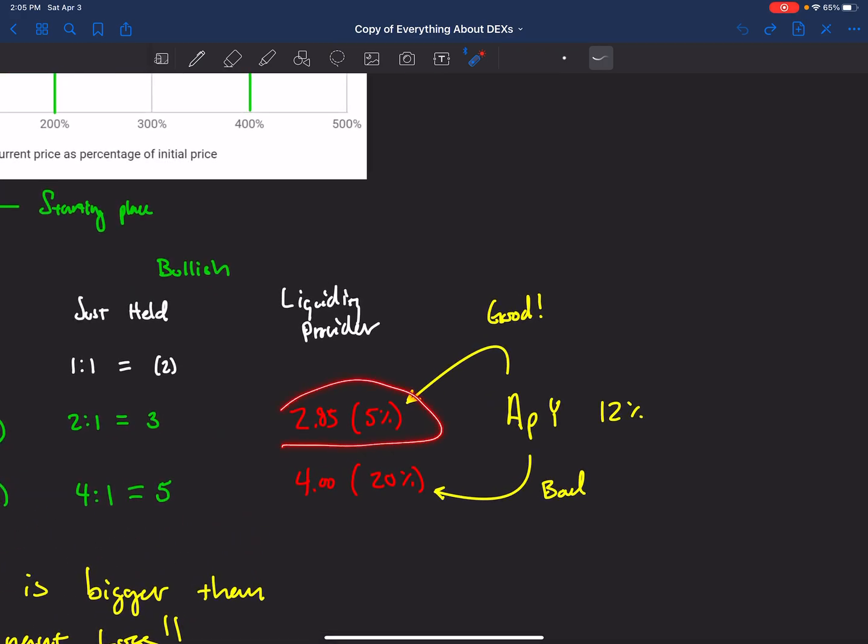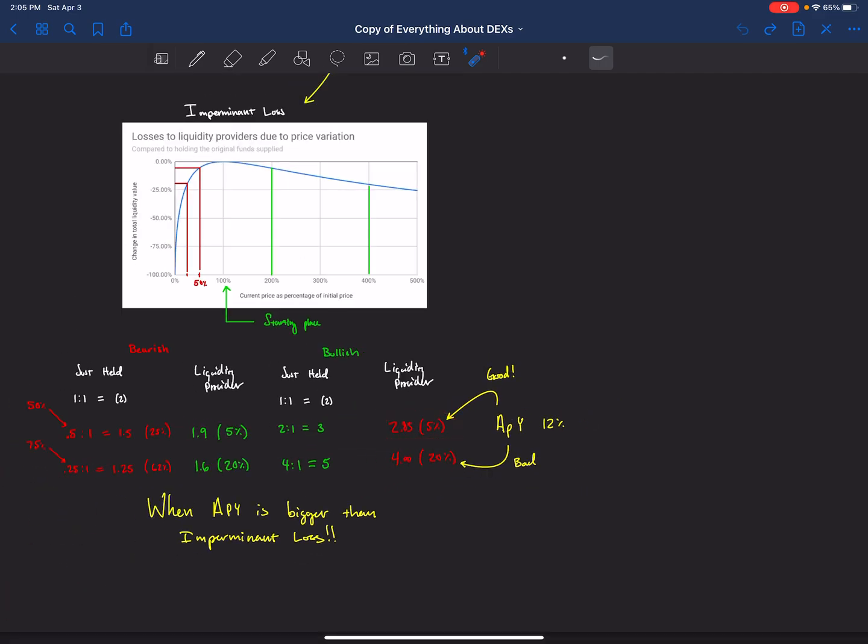And we say, oh, we're gonna have an impermanent loss of 5%. We're gonna come out with a profit, so if the token doubles, it doesn't matter. You're gonna get 12% subtract 5%. You get 7% APY. So that's good. You walk away with a profit. But if the token goes up a lot, you'd potentially lose 20% of what you would have had. So you'd come up with an 8% loss.